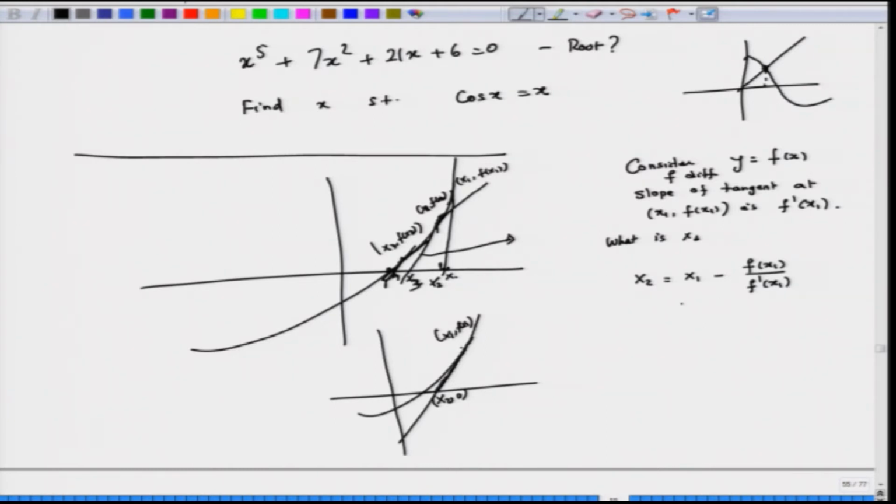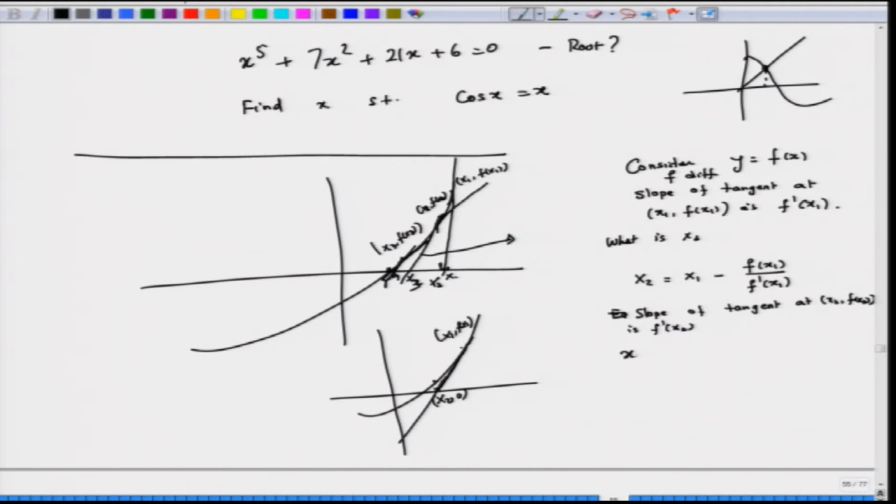So, similarly, now I take f of x 2. The slope of the tangent at x 2, f of x 2 is f prime of x 2. So, the point where this tangent is going to touch the x axis can be written down like this.